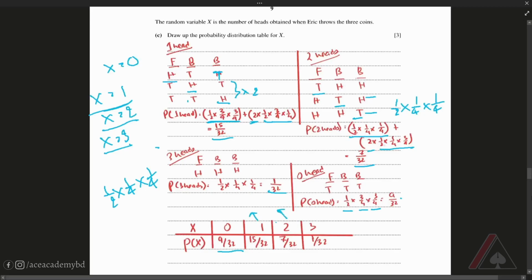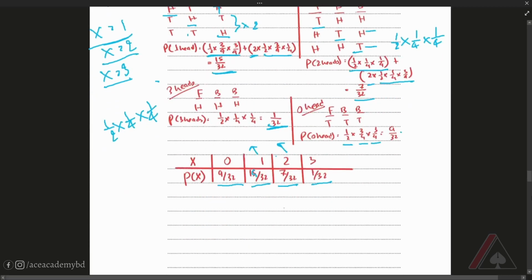So for one head, it is 15 by 32. For two heads, it is 7 by 32. And for all of them being heads, it is 1 by 32. There we go. This is our probability distribution table.